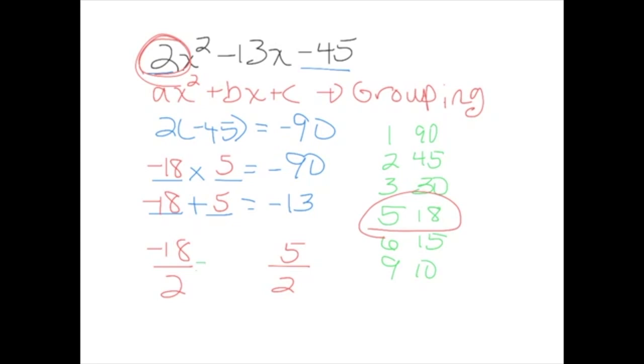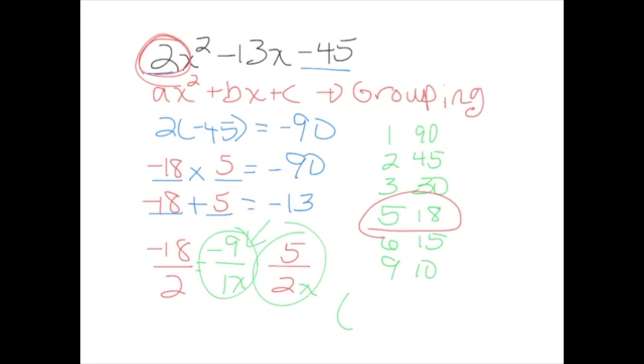Negative 18 over 2 can simplify to negative 9 over 1. 5 halves is already simplified. What we do with these fractions is these fractions give us our 2 binomials. The x is going to go with the bottom number, and now we read it off.